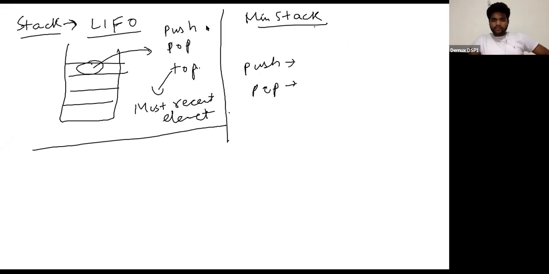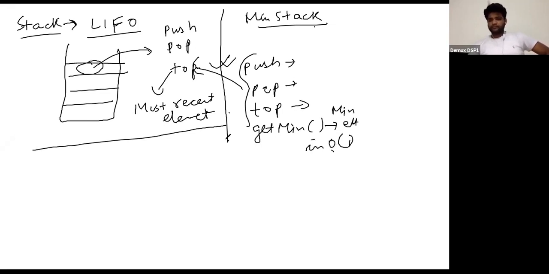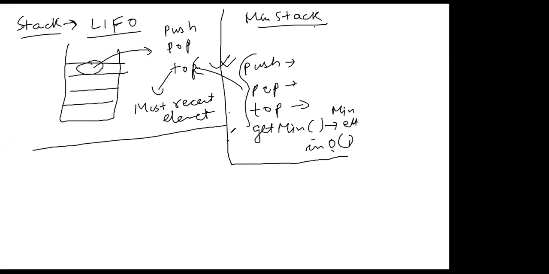Apart from push, pop and top of a conventional stack, push, pop and top will return the same result as before. Apart from that, you have to support a get min, which should return the minimum element encountered so far, but that also should be in order one. How would you do this?